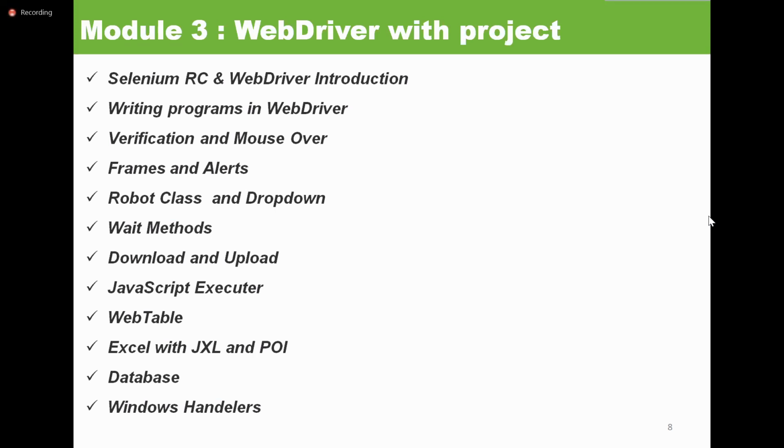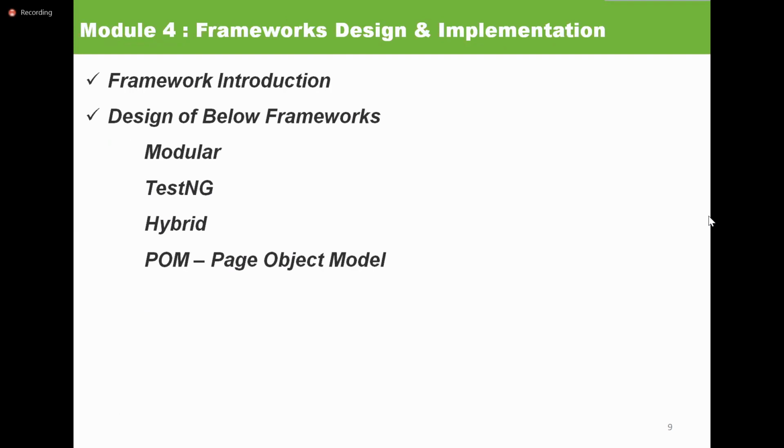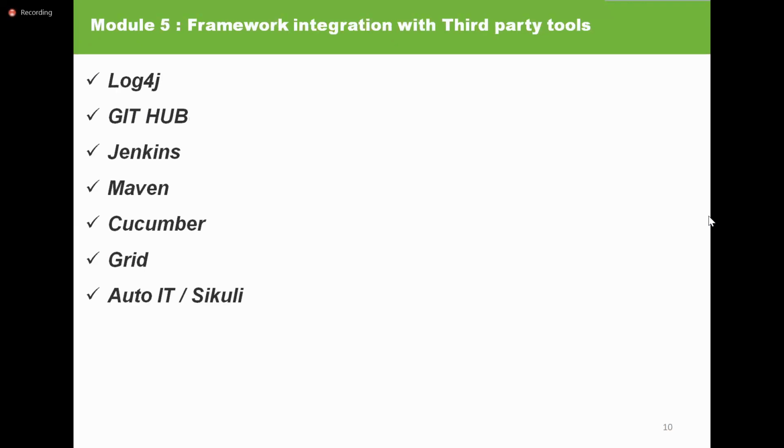And after that, we will take care of module 4. What is module 4? Frameworks design and implementation. In module 4, I will go with frameworks design and implementation, and then frameworks integration.